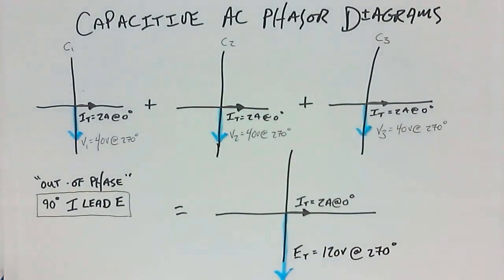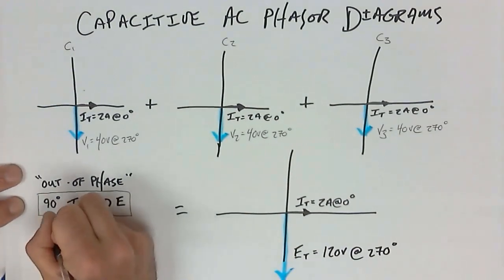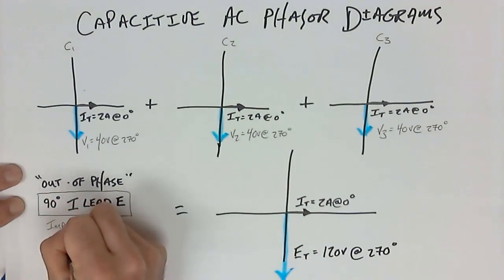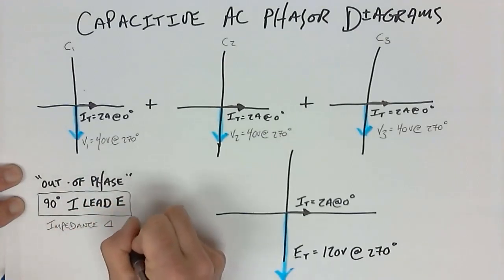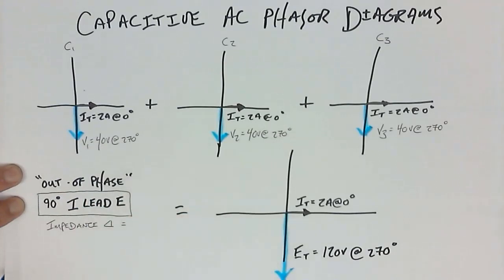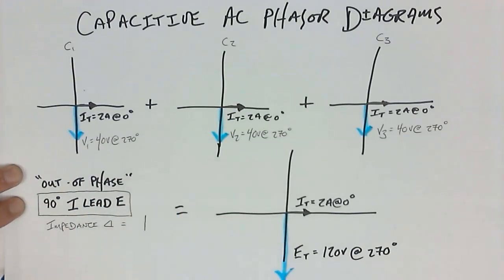So let's take a look then at the triangles. What sort of triangles could we have with a capacitive AC circuit? Well, what about an impedance triangle? Would it actually look like a triangle? With an impedance triangle, would there be a vertical component? Yes, for sure there would be.